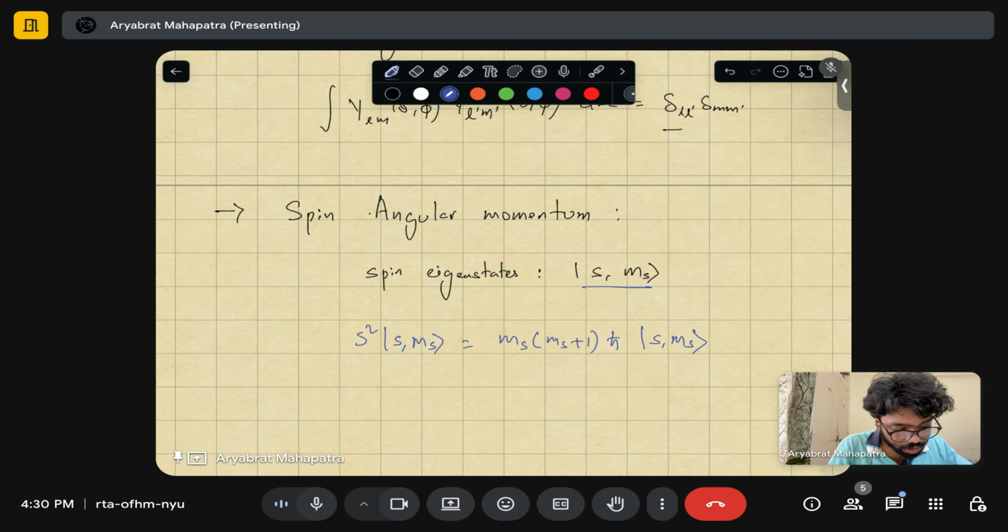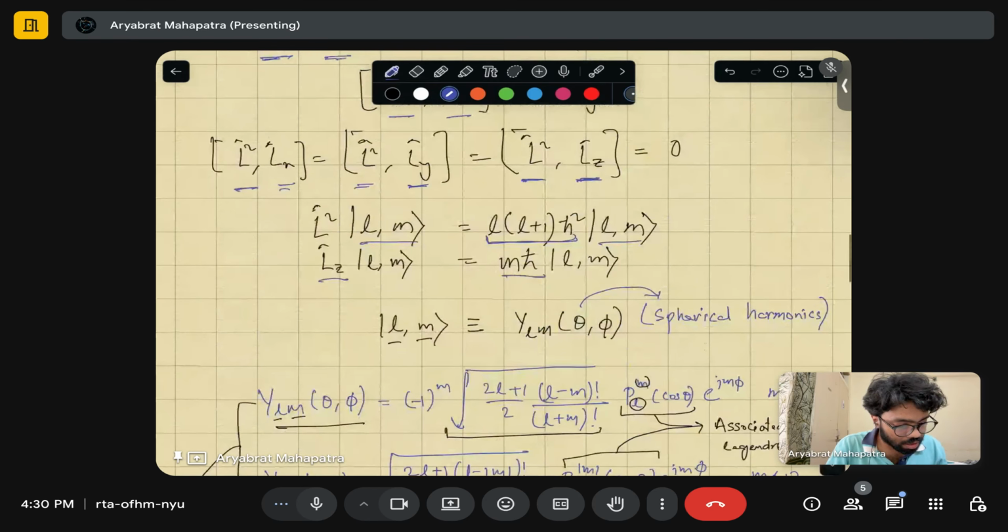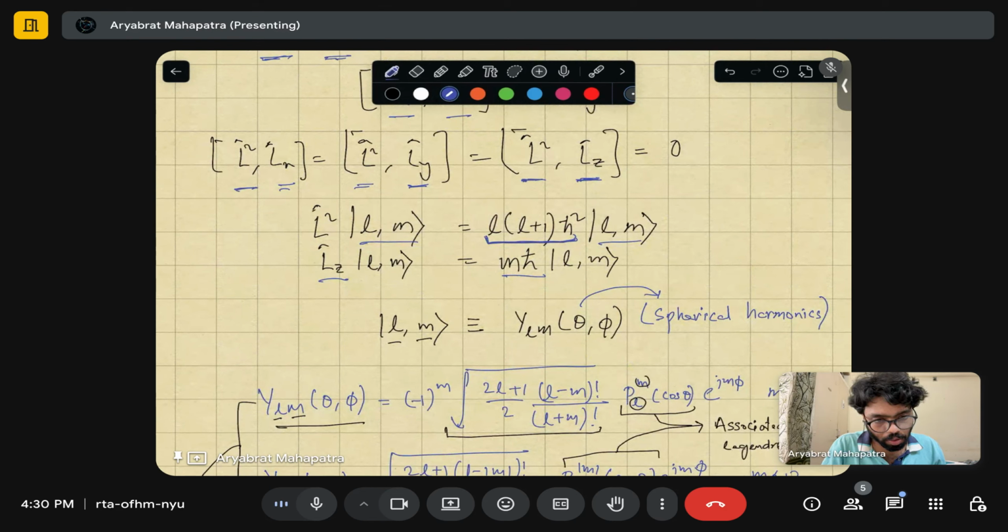Oh no, this won't be MS, rather it would be S. Since they follow the same algebra, dimensionally they are the same things. Here when L squared operates, you get L times L plus one, and L is known as the orbital quantum number.